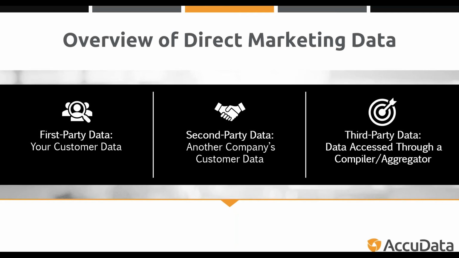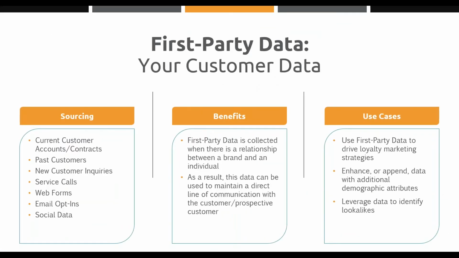You will likely be using third-party data in the future if you haven't already for your direct mail initiatives. Third-party data is not customer data. This is data that is created or compiled by a company for the purpose of direct marketing. So let's go ahead and explore each one of these data types in a little bit more detail.